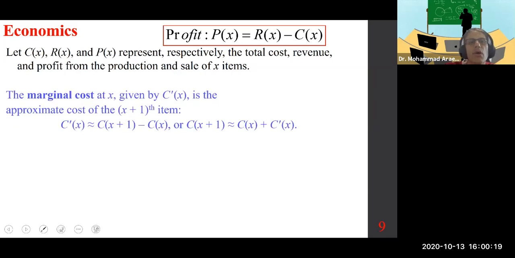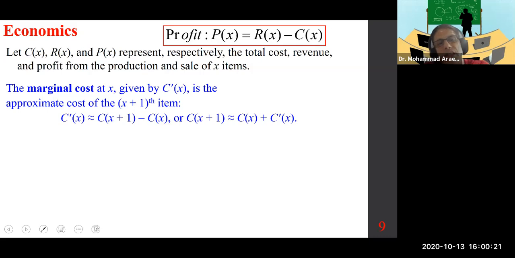The marginal cost at x is given by C prime of x. When we say marginal cost or marginal revenue or marginal profit, we mean differentiate. That is the approximate cost of the x plus first item.